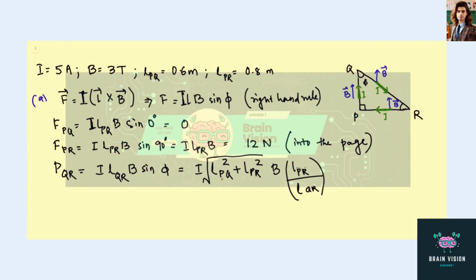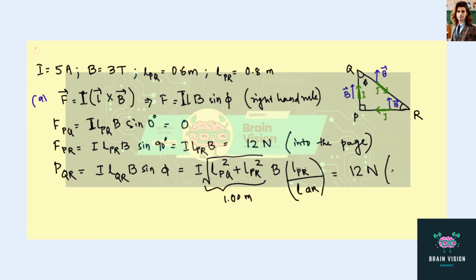And QR is basically this value. So this is going to come to 1 meter. So this will be 0.8 over 1 meter, and we find the force to be 12 Newton in this case.